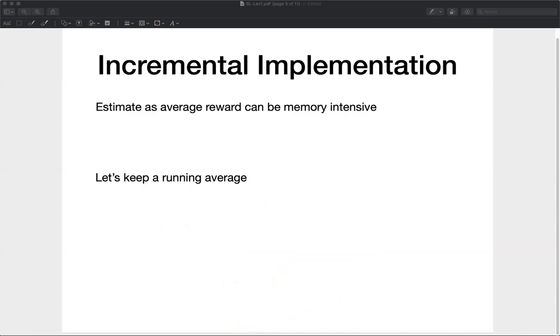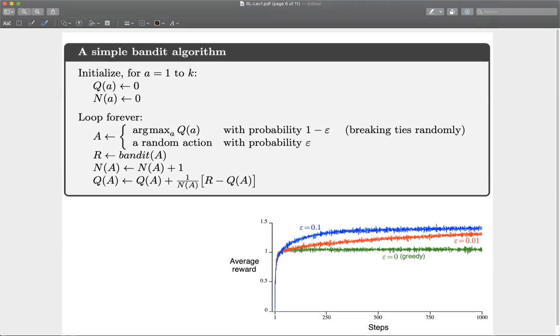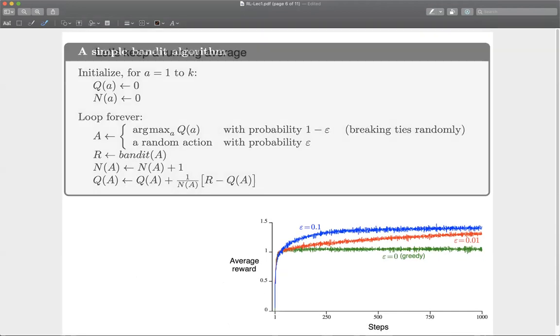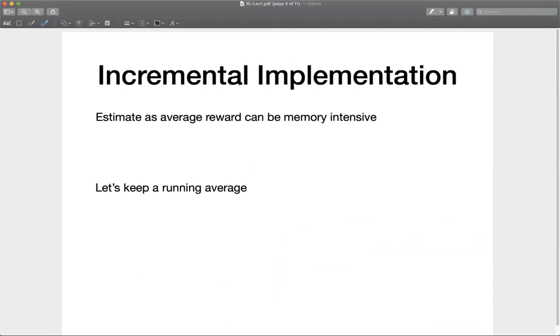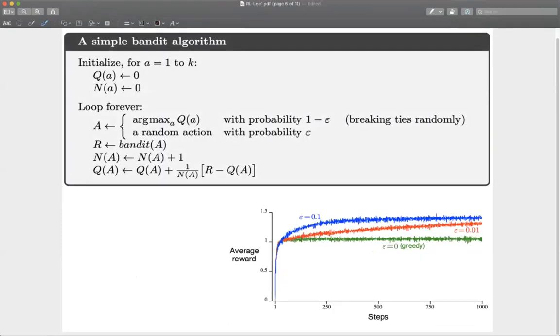Okay. All right. So we now have a way to do a running average. I just talked about a moving average, but before then, I'm going to introduce the simple bandit algorithm, right?